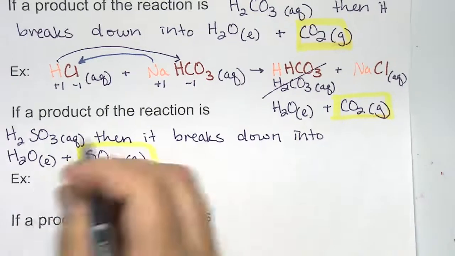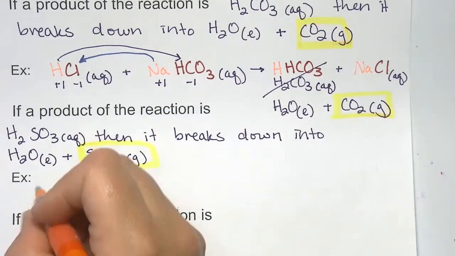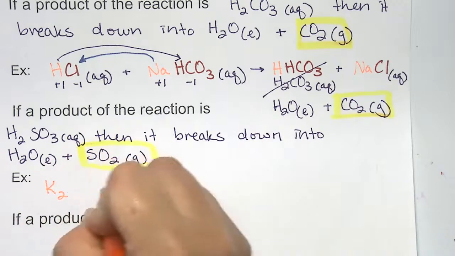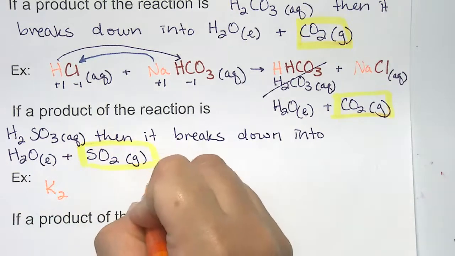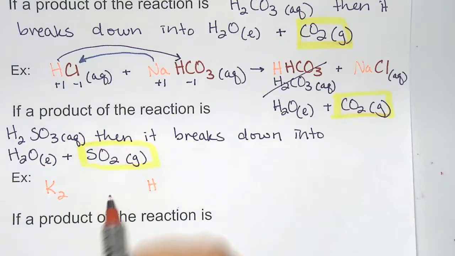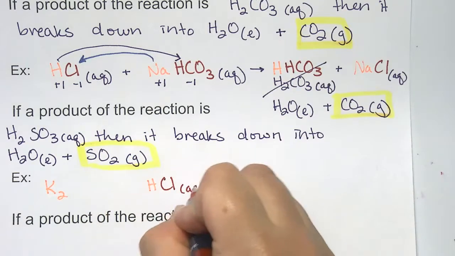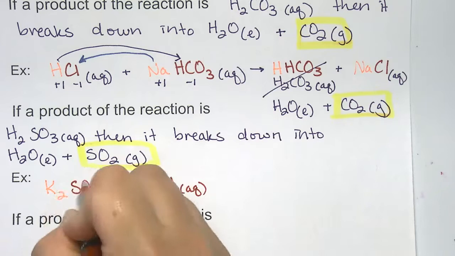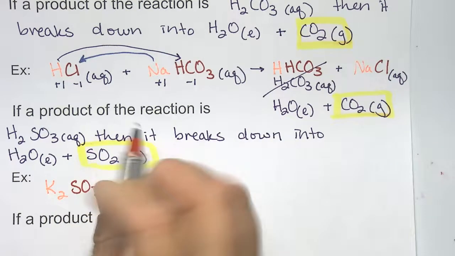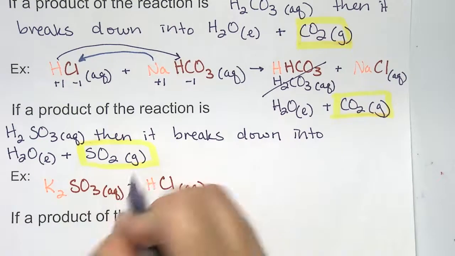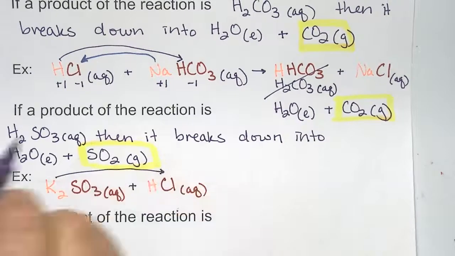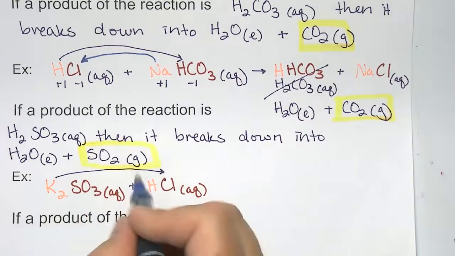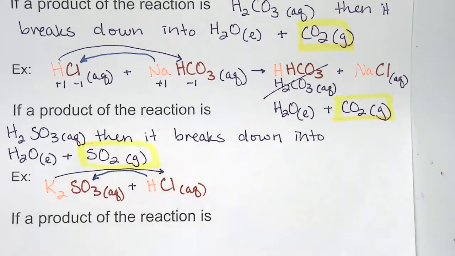Let's say we mix potassium sulfite with hydrochloric acid. Okay, so when we put these together, we do our double displacement. Christine, what are our products?